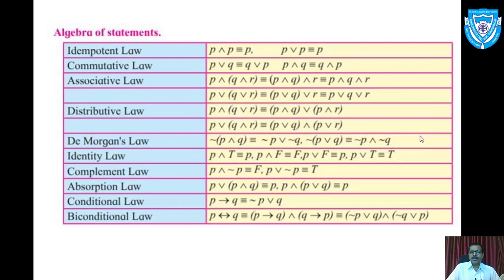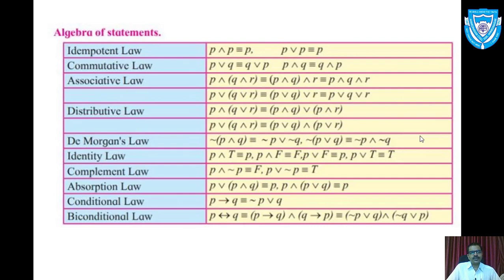Still the original statement remains the same. Its meaning remains the same. No change at all. Now the associative law for disjunction: (P or Q) or R is equivalent to P or (Q or R), which is equivalent to P or Q or R.